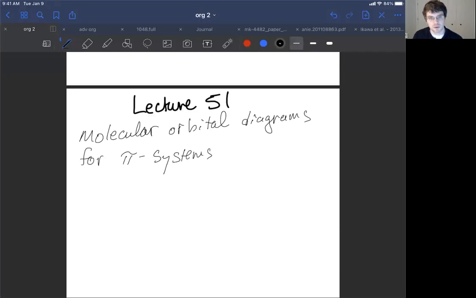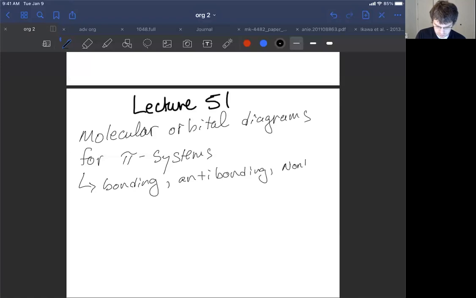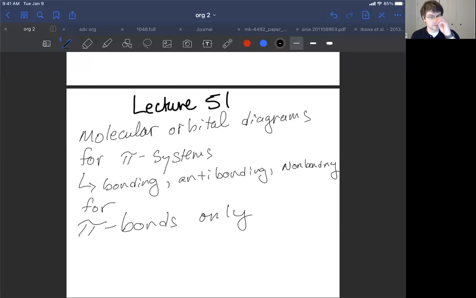So here, what we're looking at is the arrangement of anti-bonding, bonding, anti-bonding, and non-bonding molecular orbitals for pi bonds only. So pi bonds only. Okay.